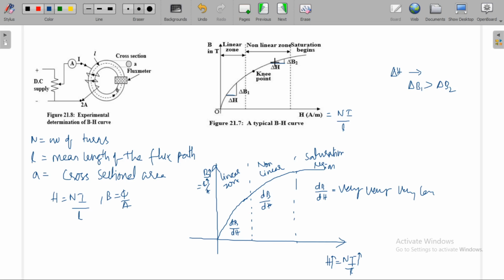Coming to this region, even though you increase H, there is not much increase in B. Coming to the saturation region, even though there is a very large increase in H, there is only a very small, almost negligible increase in B.